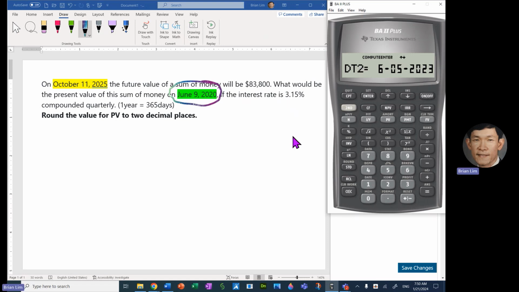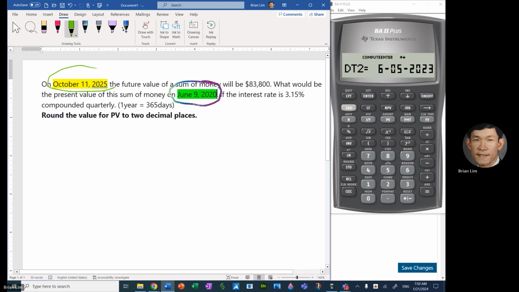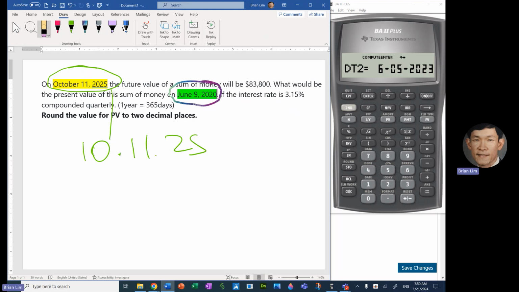Okay, the next one is date number 2, and that one I will enter. How do I enter that? Well, I would enter the 10th month, 11th day, and 25. Sorry, this decimal should not be there.